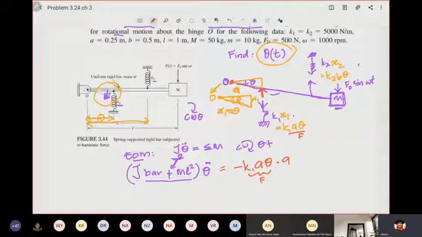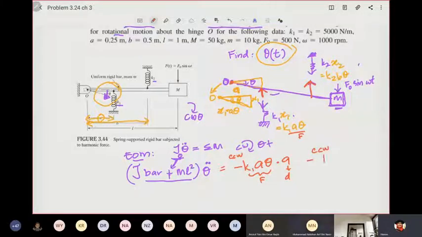Then we do the same thing for K2 B theta. Is that negative or positive? You go from the pivot point to the arrowhead like that. Counterclockwise or clockwise? Counterclockwise, so you also get a negative.